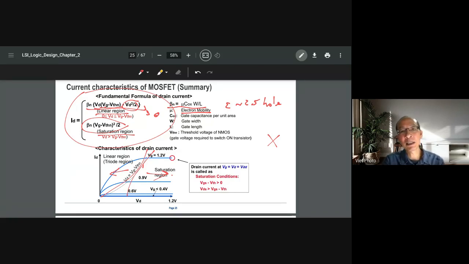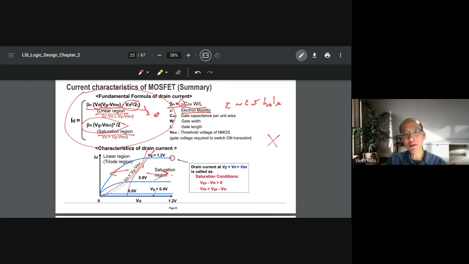Because of it, for the P transistor the current is directly, linearly proportional. So if mu n is 2.5 times bigger than mu p, it means that the current will be 2.5 times, which also means that the speed will be 2.5 times that of the P.